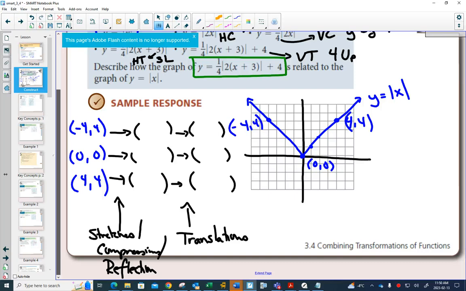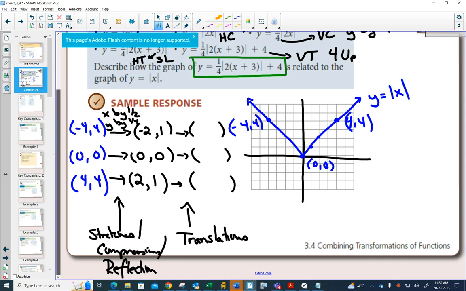In this case, what's happening? We need to multiply our x by a half and our y by a quarter. So above the arrow, I will write out what those stretches and compressions are. Then I'll go through and figure out, if I multiply all my x coordinates by half, I'd have -2, 0, and 2. If I multiply all my y values by a quarter, I will get 1, 0, and 1.